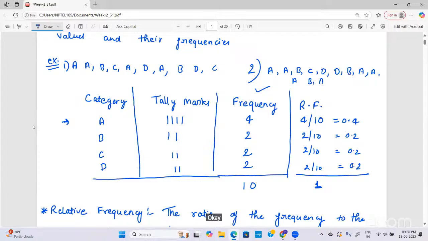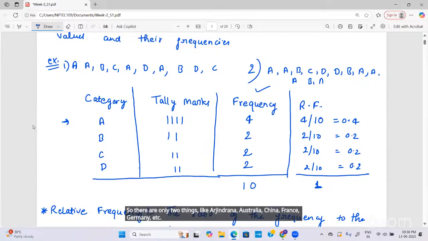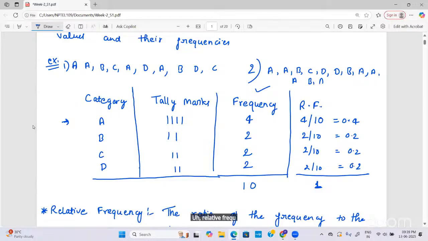So there are only two things: Argentina, Australia, China, France, Germany, etc., and the number of medals 4, 29, 70, 42, 42, 67. But how do you calculate the relative frequency for it? I mean, the formula.